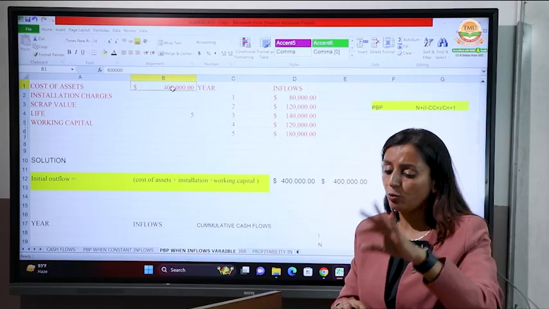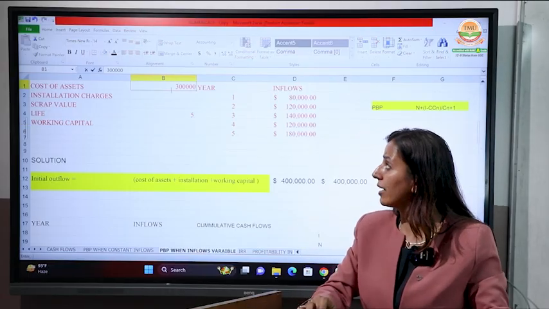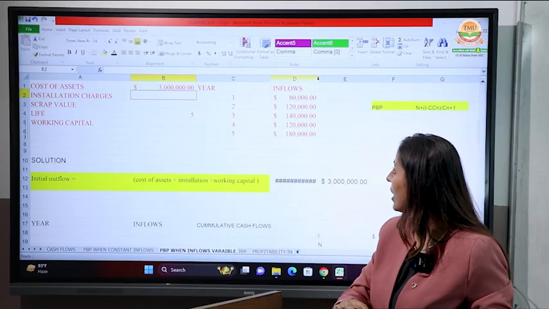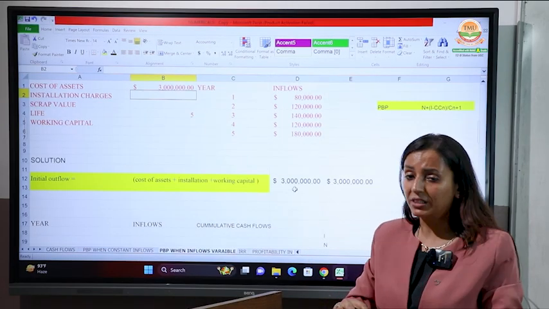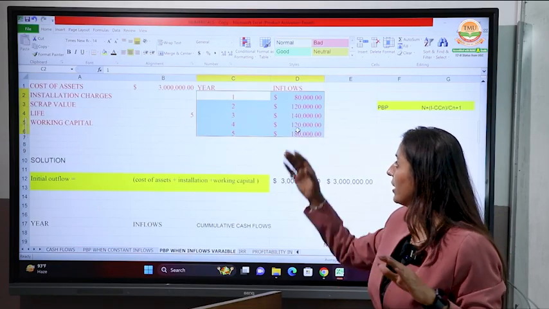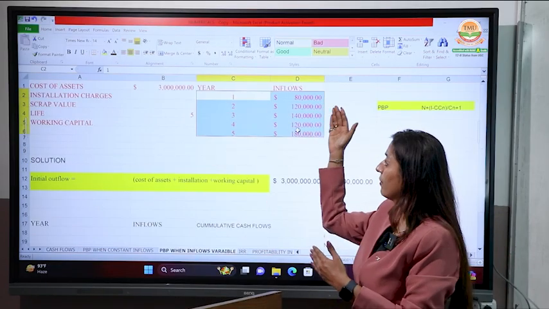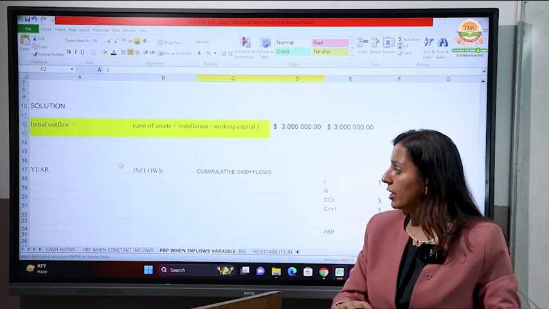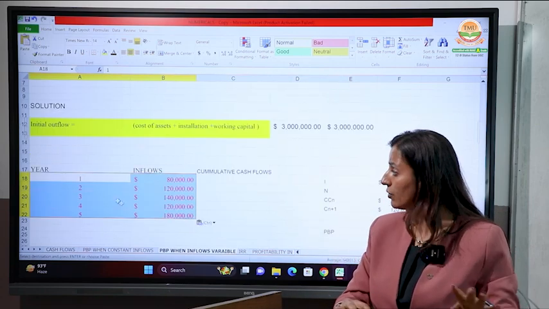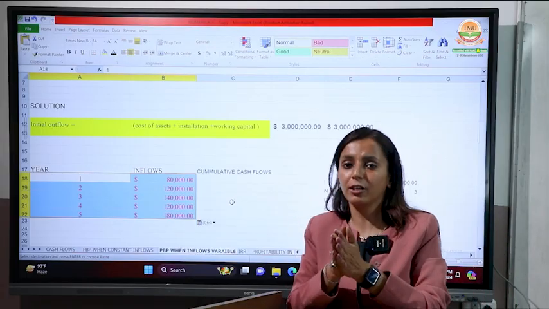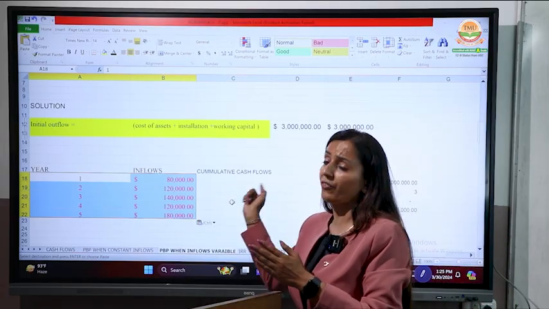Or we can do the same question also, like we can take it as 3 lakh. Year inflows in this. Now we have to calculate the second item, that is the cumulative cash flow.